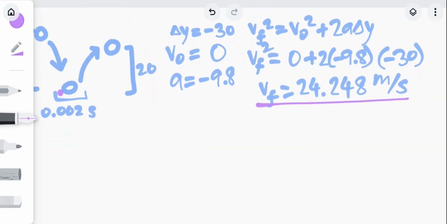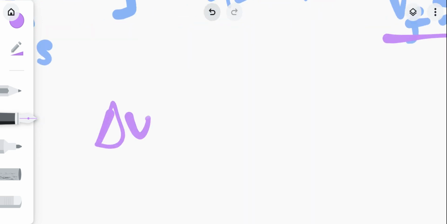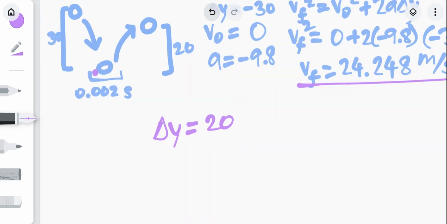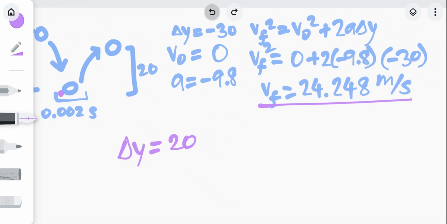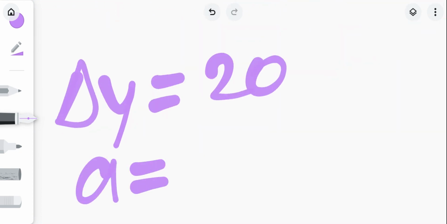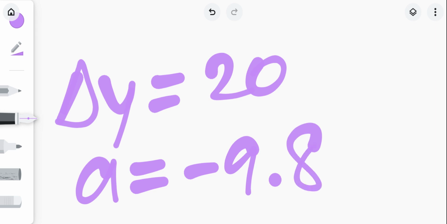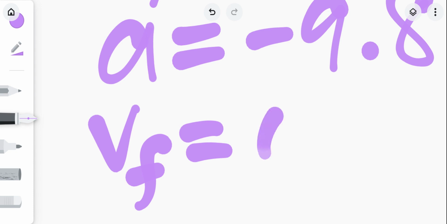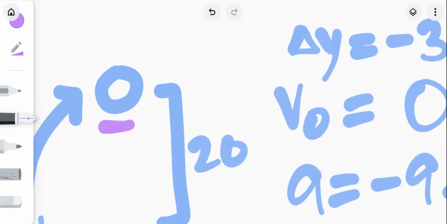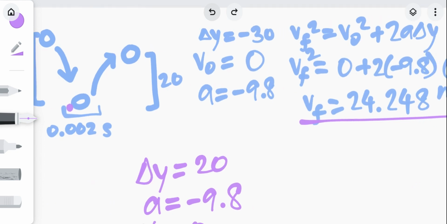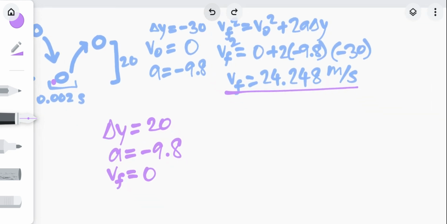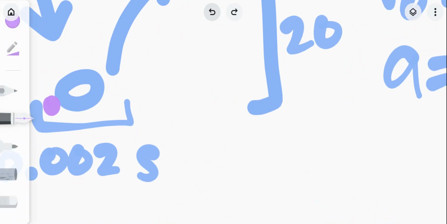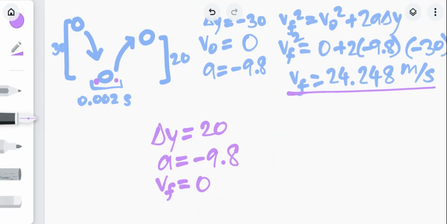Now, we also know that when it gets up here, its change in y is 20 meters. In the process of getting up there, and even when it gets up there, the acceleration is negative 9.8. And its final velocity is going to be 0 at this exact point. This will allow us to find the initial velocity of when the ball left the ground.